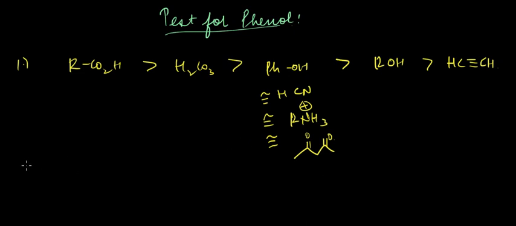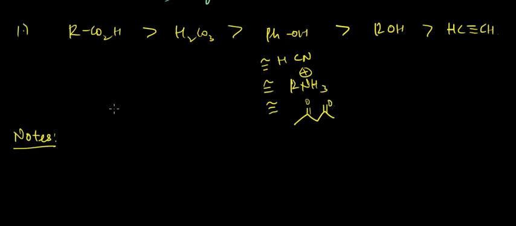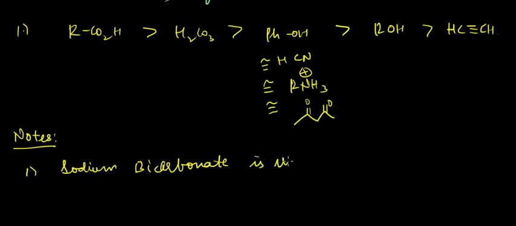Okay, so just remember this sequence. So some notes here: sodium bicarbonate is used to separate a binary mixture of benzoic acid and phenol. We will see the reaction in a short while, but I'm just writing the notes first.